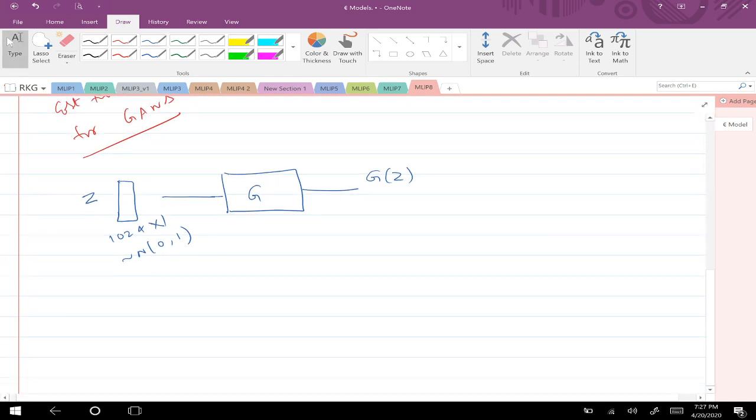So I assume that we have a convolutional neural network with a series of upsampling layers, and finally comes, say for example, 32 cross 32. So it is an image of some dimension. Let it be 32 cross 32, with 3 channels, so it is 32 cross 32 cross 3.